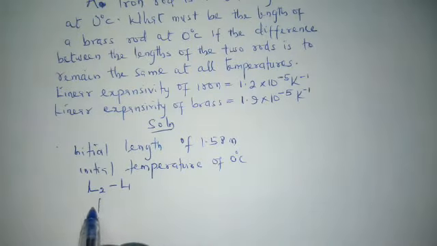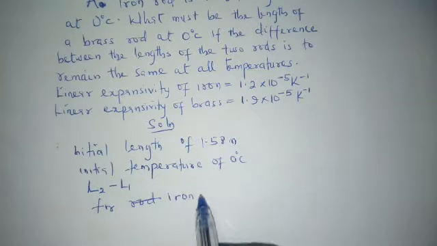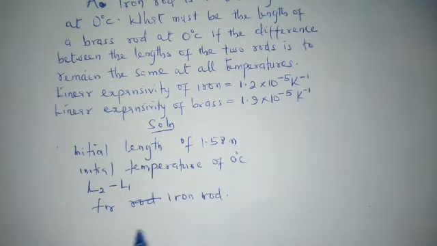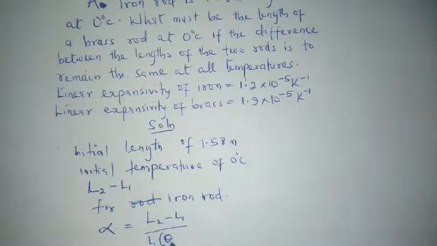So for the iron rod, linear expansivity, which is represented by alpha, is equal to L2 minus L1 over L1 open bracket theta 2 minus theta 1.